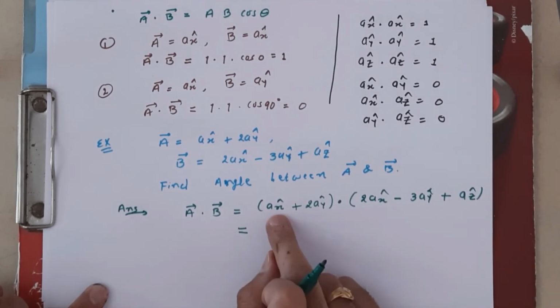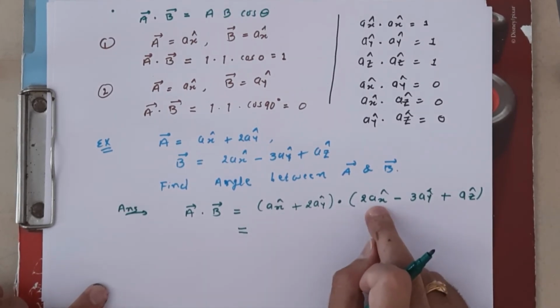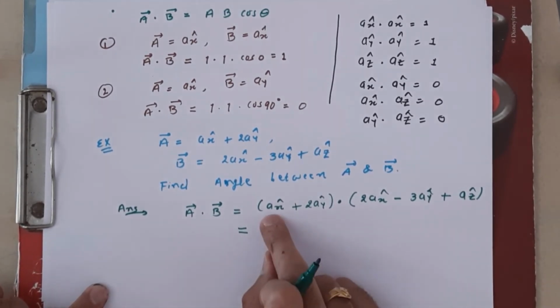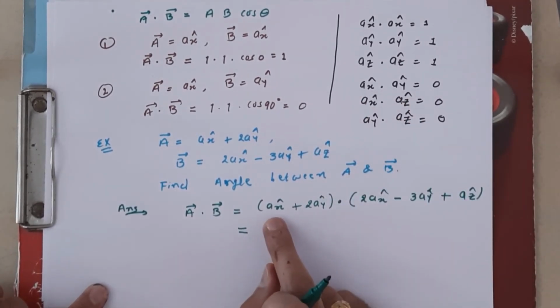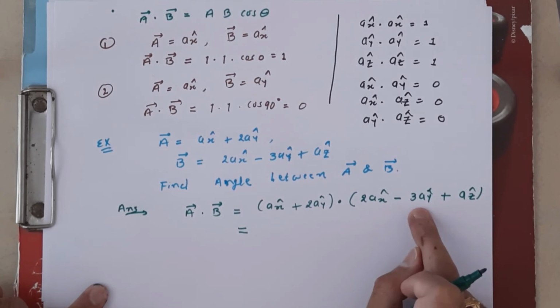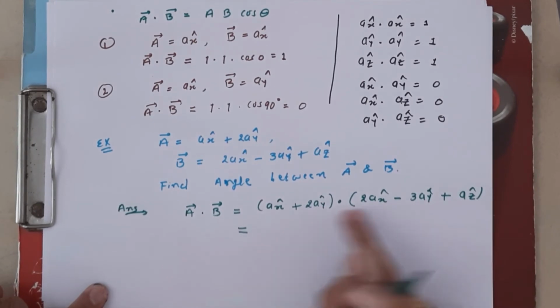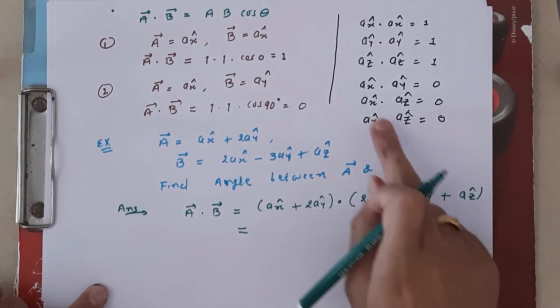If you do the dot product between AX and AX, the answer is 1. If you do the dot product between AX and AY, the answer is 0. So no need to do the dot product between AX and AY. Similarly, no need to do it between AX and AZ because the answer is 0.